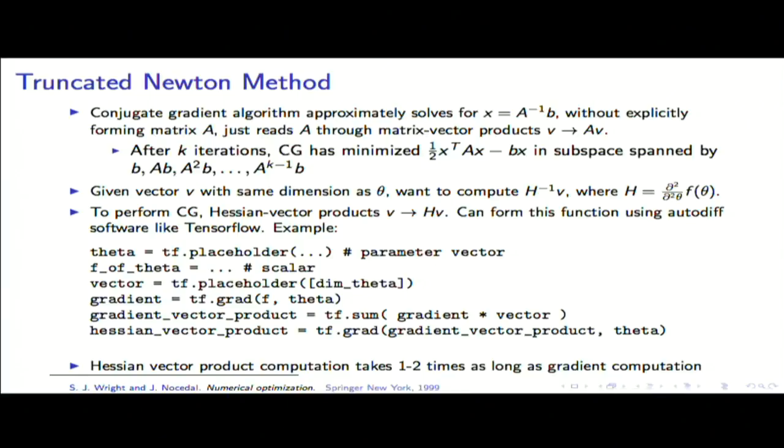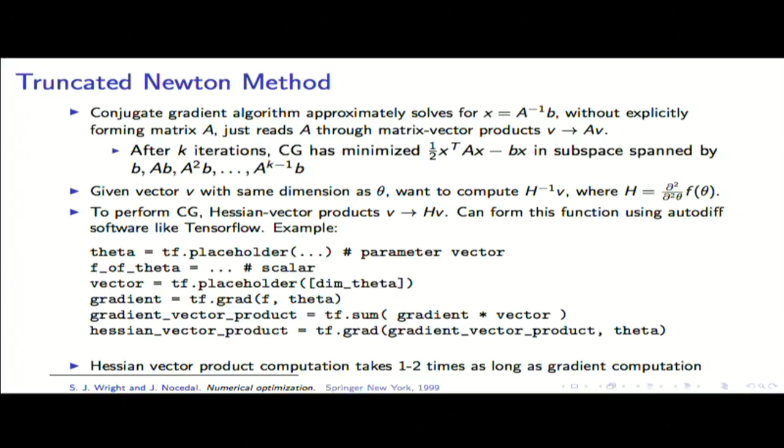It turns out you can do this in just a few lines of any autodiff software like TensorFlow. Let's say you have your parameter vector theta. Then you construct your scalar loss function, let's call it f of theta. Then we make a variable for the vector that we want to do the Hessian vector product with.